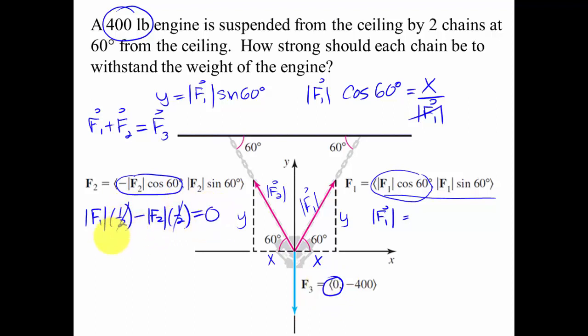So we could cancel these out, and basically this tells us that the magnitude of the forces are equal, and we could kind of see that as we saw the symmetry of the diagram here.